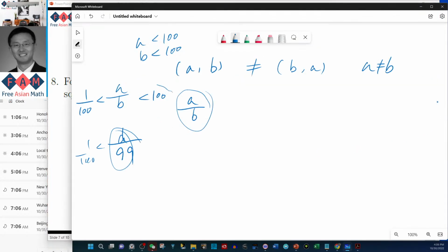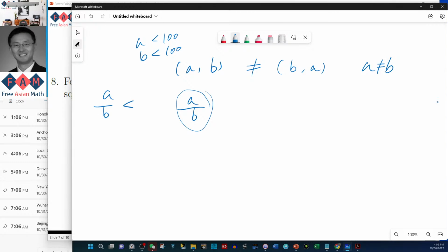But this constraint is significant because a over b is smaller than 100, because both are greater than 0, at least 1. So the maximum this fraction can be is 100. And how many integers less than 100 are a perfect square?